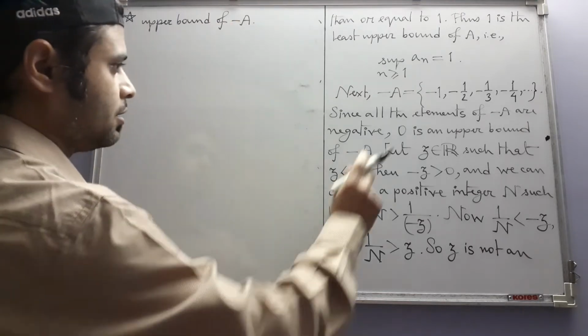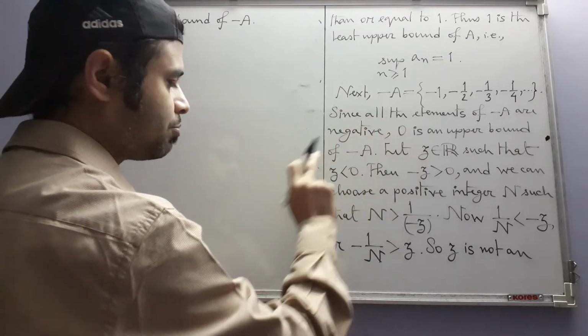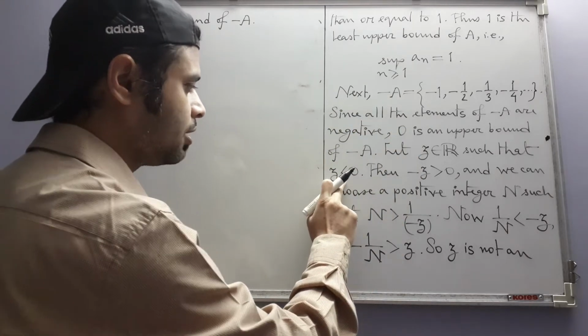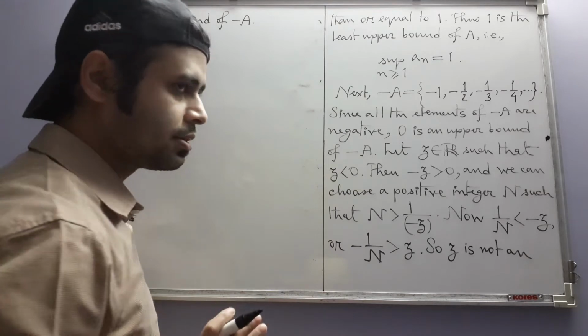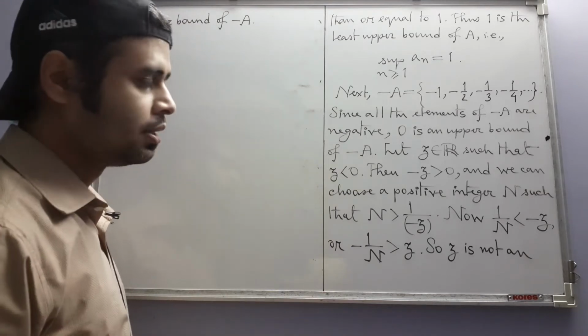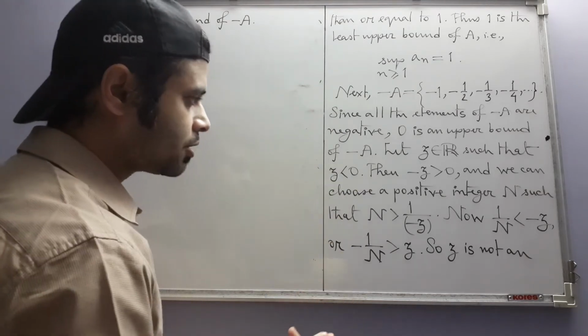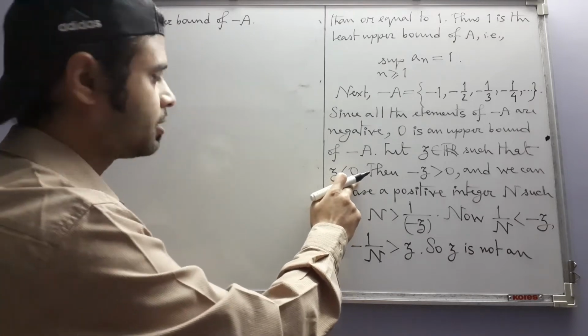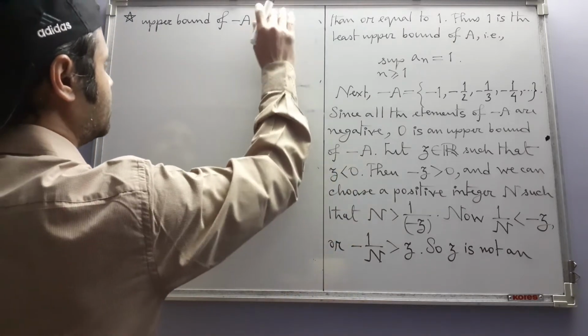That means what? 0 is an upper bound of minus a, and no real number less than 0 is an upper bound. In other words, all the upper bounds of minus a are greater than or equal to 0. In fact, let's just write that too.